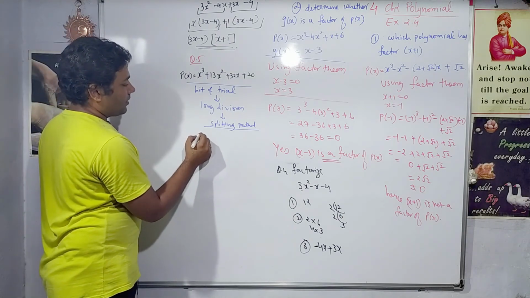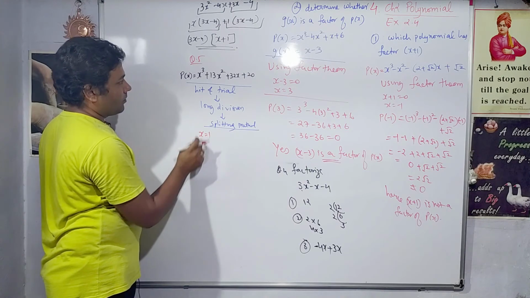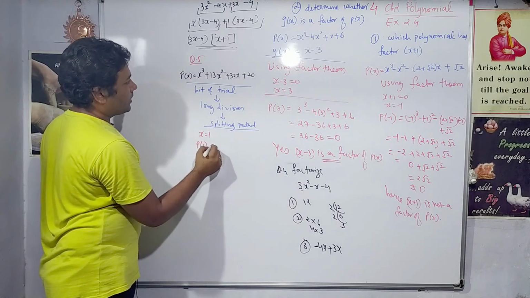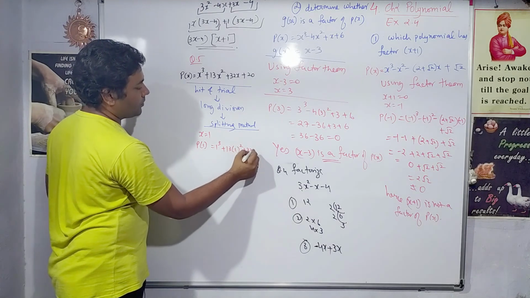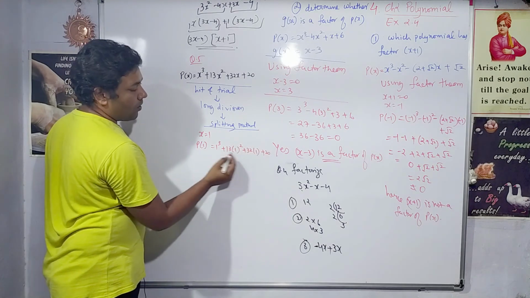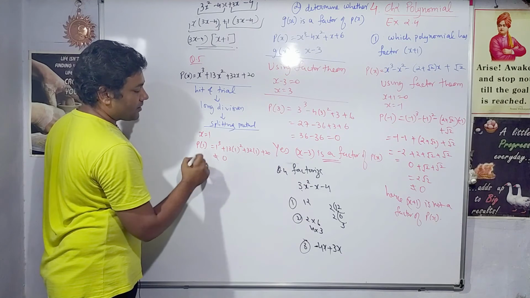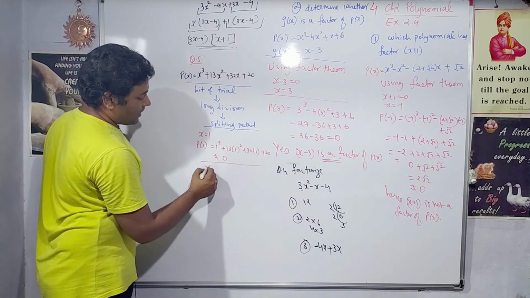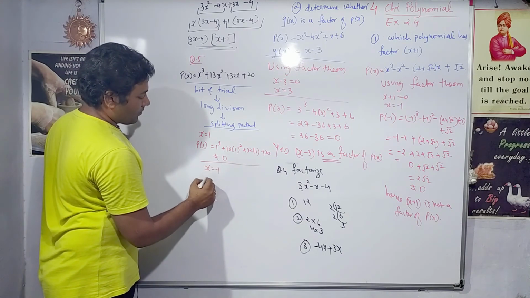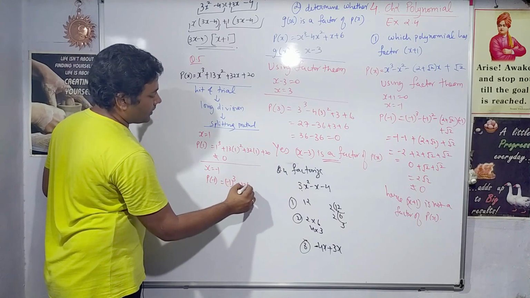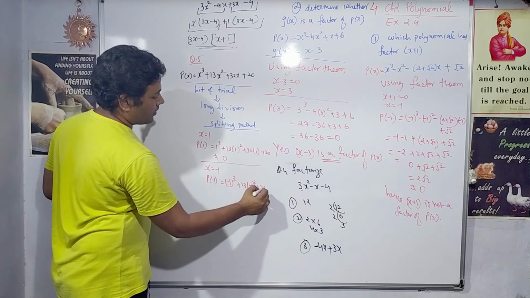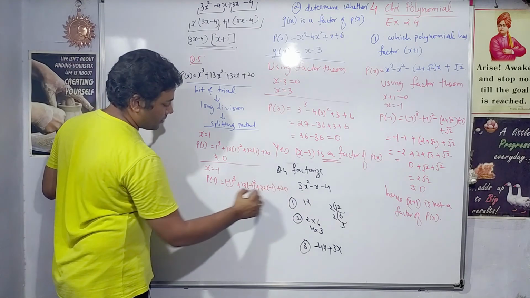So let us start with our hit and trial method. If I take x equal to 1, what will be p of 1? 1 cube plus 13 into 1 square plus 32 into 1 plus 20. All are positive numbers, so obviously this will not give me 0. Let me take x equal to minus 1. So p of minus 1 will be minus 1 cube plus 13 into minus 1 square plus 32 into minus 1 plus 20.